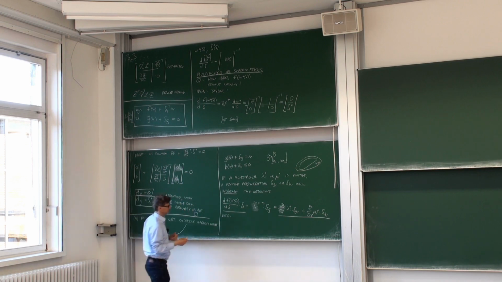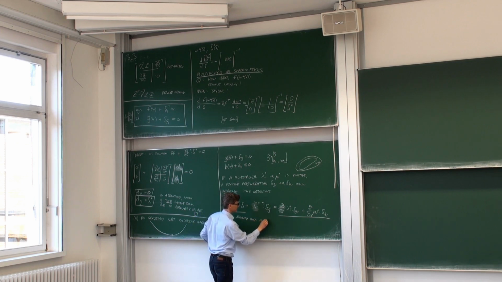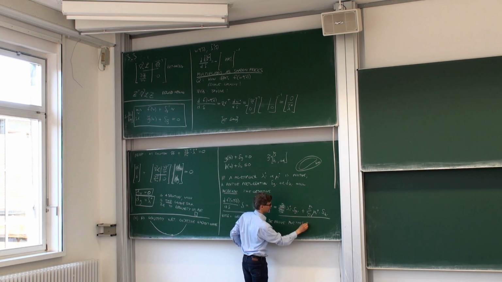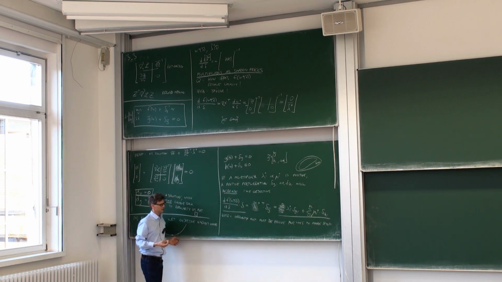So the inequality multipliers must be positive. I mean, we said that before, but here's another argument for this to make sense. And they are positive in the KKT conditions.